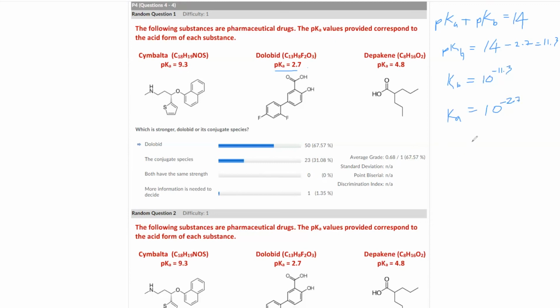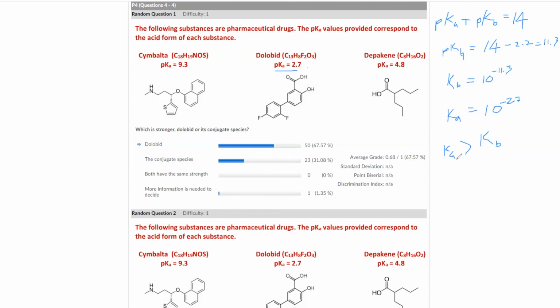Now, obviously, we have a larger Ka value compared to the Kb value. So let me write that. We see that Ka is greater than Kb.